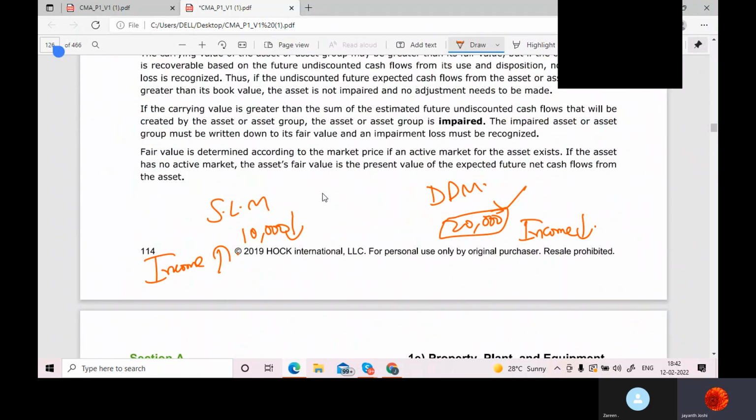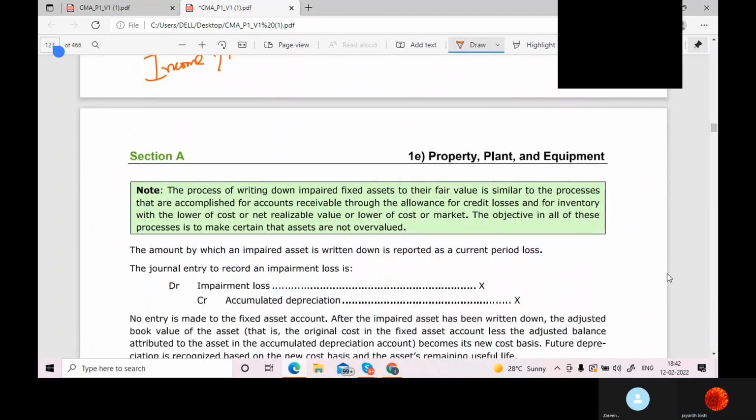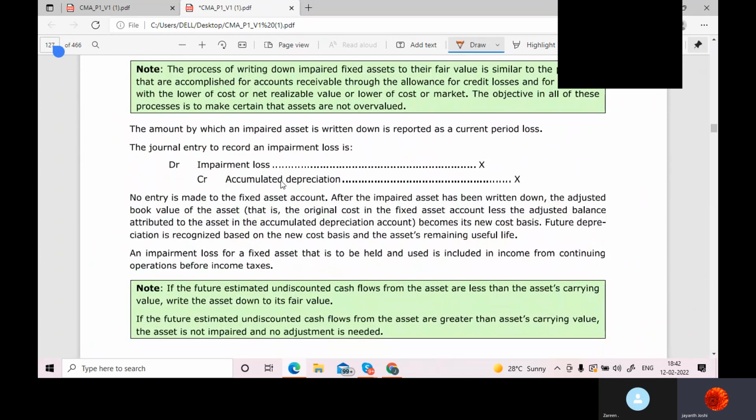So that's what they're saying. Carrying amount is greater than undiscounted cash flows. That means you have not recovered this carrying amount. So there's an impairment. Then we can calculate the impairment loss as I've explained. So what is the formula for impairment loss? Impairment loss to accumulated depreciation. That means you can directly transfer this to the P&L account, or you can transfer to the accumulated depreciation account also.